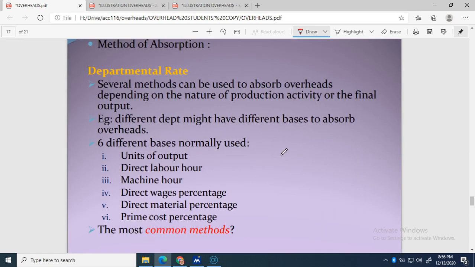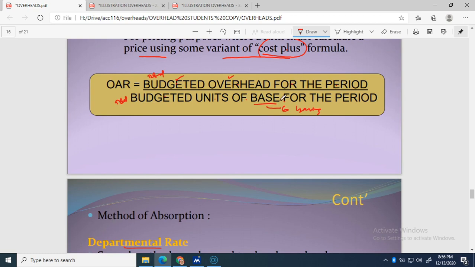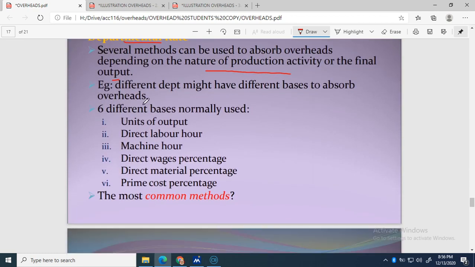So methods of absorption, if we use departmental rate, several methods can be used to absorb overhead depending on the nature of production activity or the final output. Example, different departments might have different bases. The 6 bases consist of: number one, units of output, direct labor hour, machine hour, direct wages percentage, direct material percentage, and prime cost percentage.